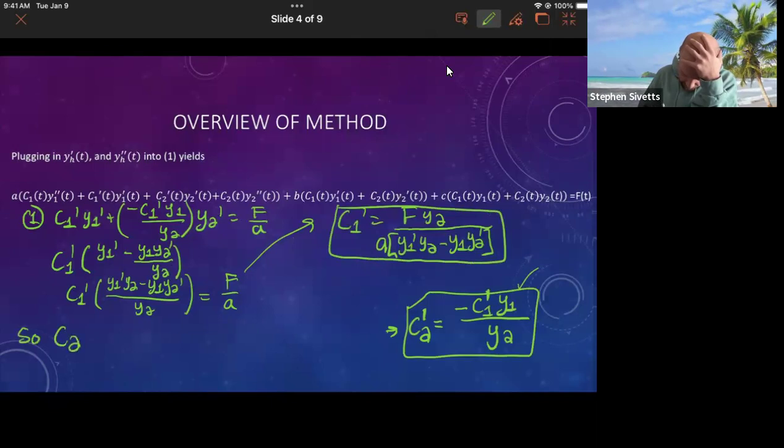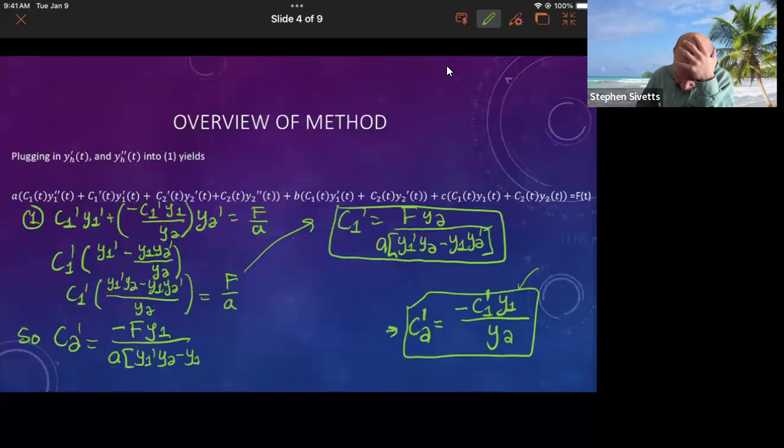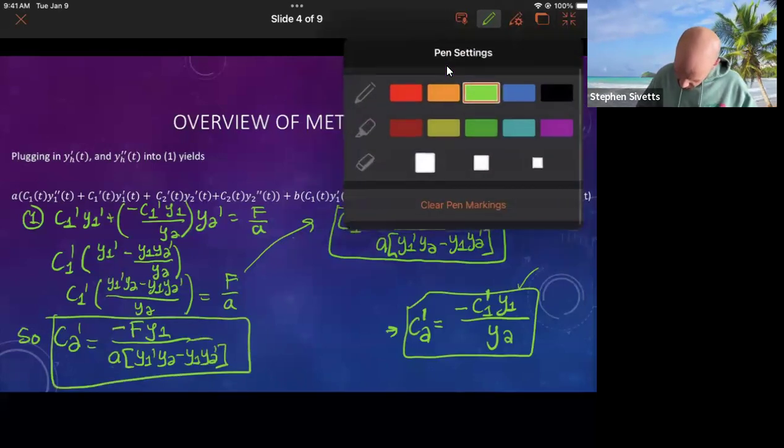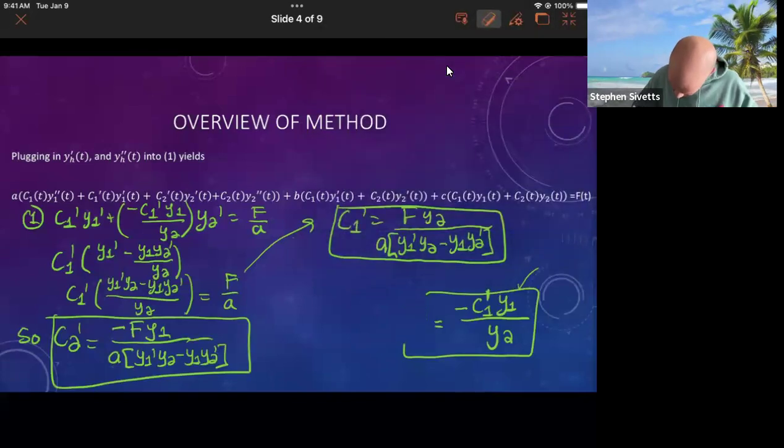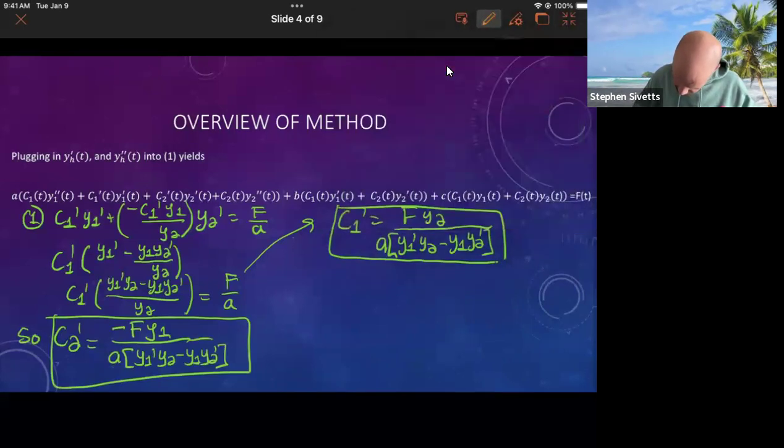So C2 prime is equal to, the Y2s will cancel, and we would get minus F times Y1 over A times Y1 prime Y2 minus Y1 Y2 prime. So here we have the solutions for C1 prime and then C2 prime.